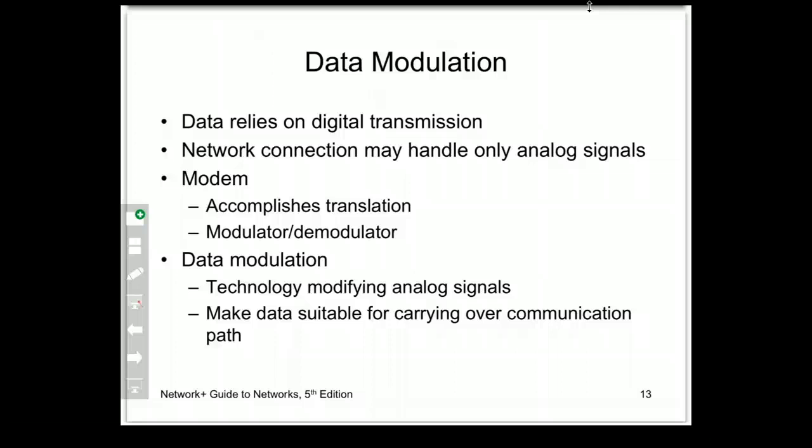We still have them, by the way, in cable modems and DSL modems. But you could hear it in a dial-up because it would actually make a sound in this translation process. Data modularization is basically technology modifying the analog signals and making the data suitable over a communication path.